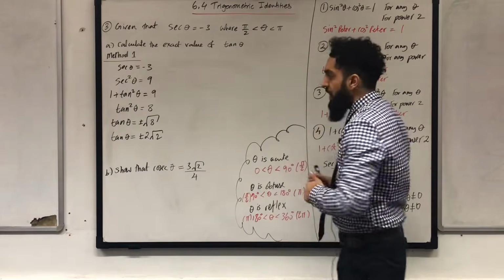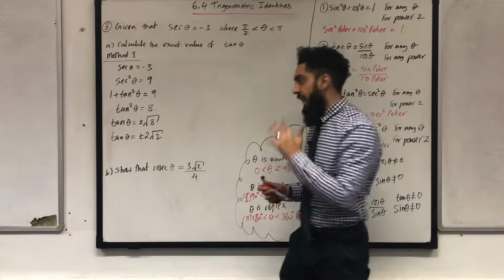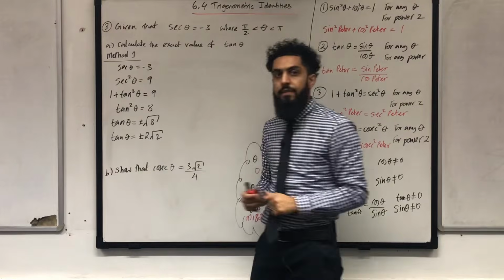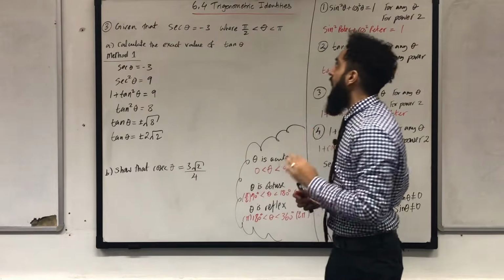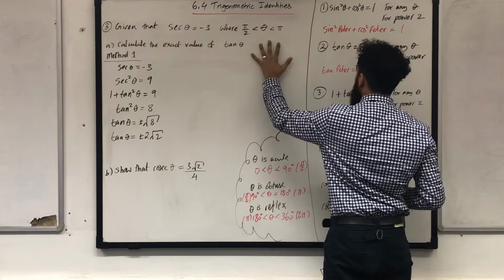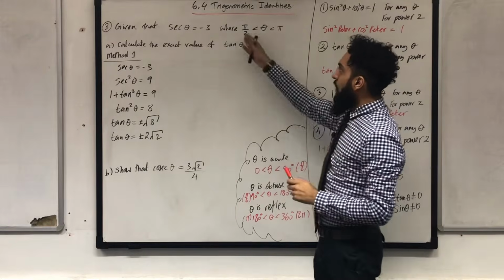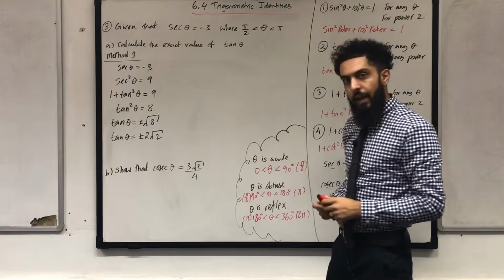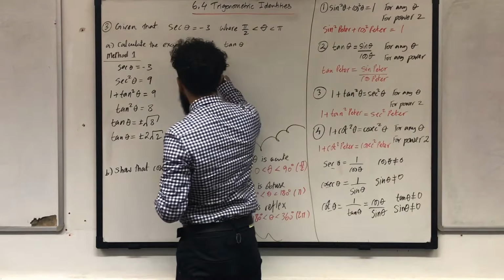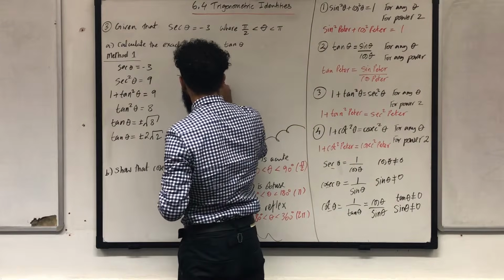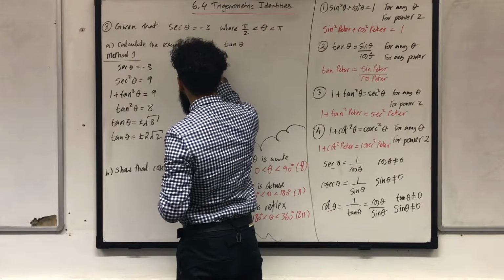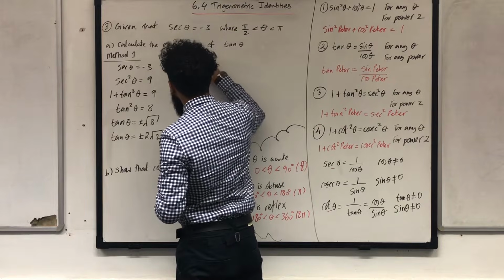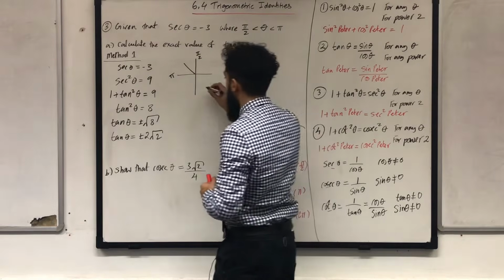Now, what I need to do is to determine whether we'll take the positive or negative value. The way to do that is to go back to my range for theta. Theta is more than pi over 2 and less than pi. So if I draw a CAST diagram, I have something like this. That's pi over 2, that's pi. So the angle will fall in this quadrant over here.